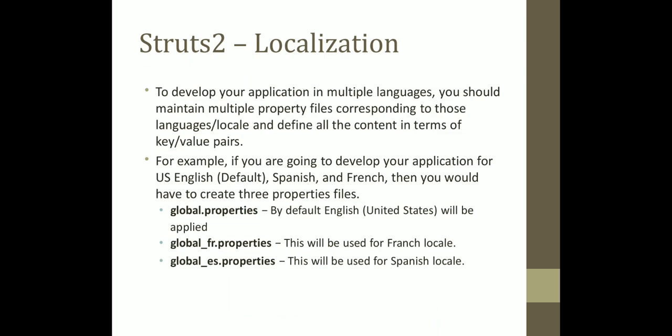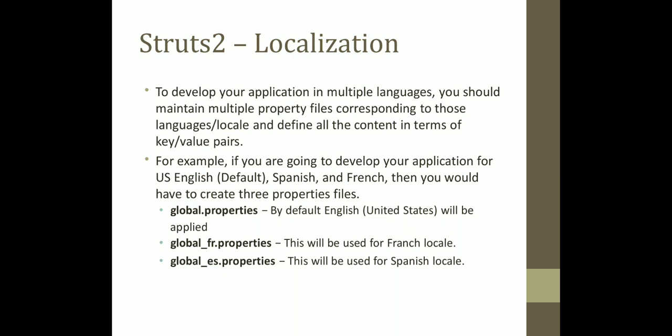With an example we can see that, but before that we will consider a few points. To develop any application in multiple languages, you have to maintain multiple property files corresponding to those languages or locales.